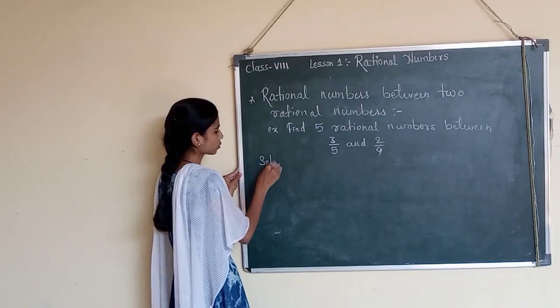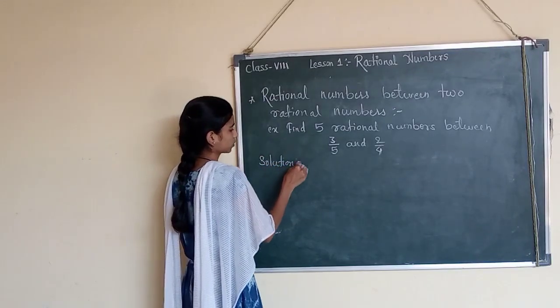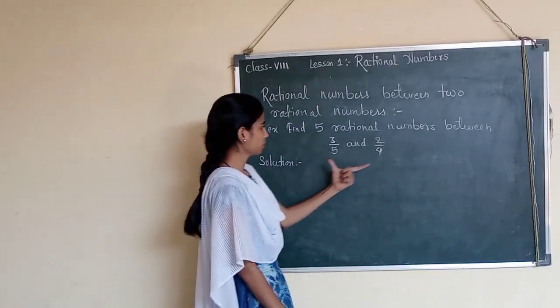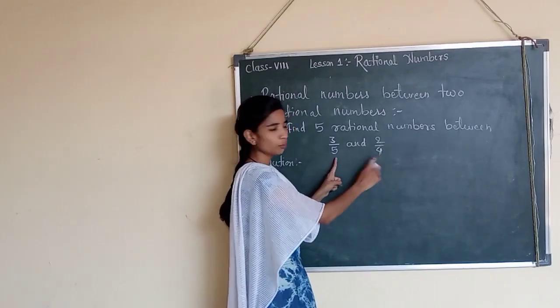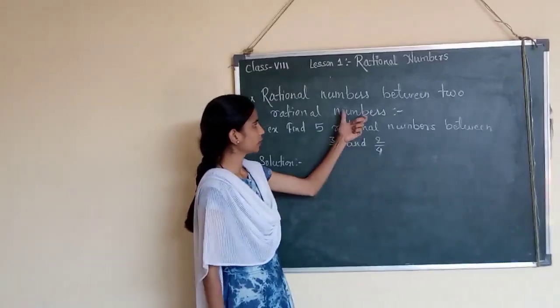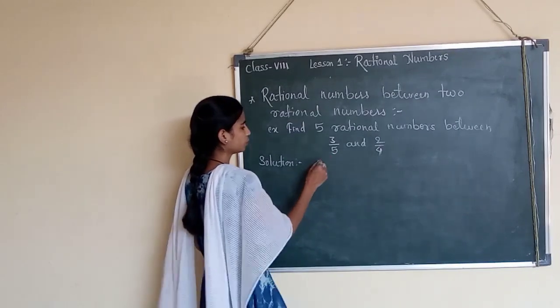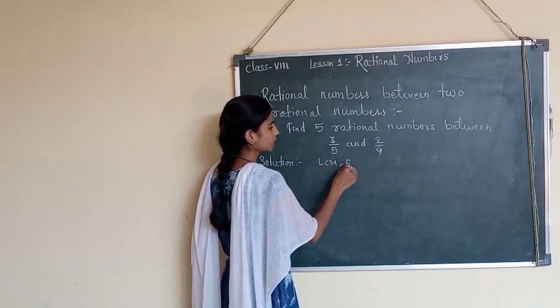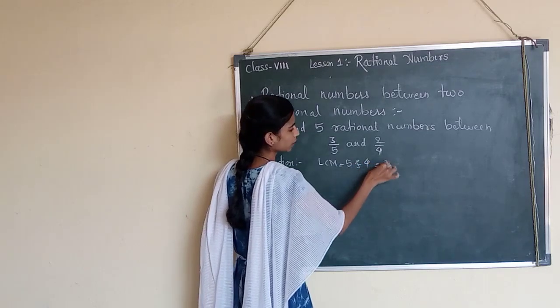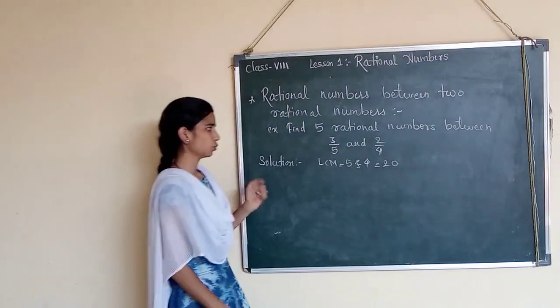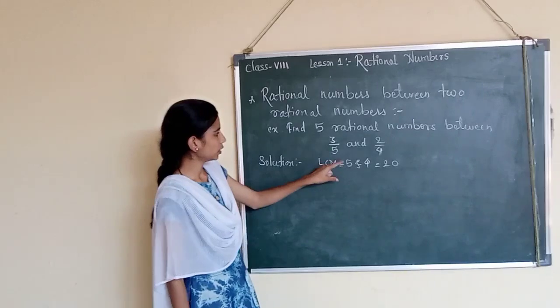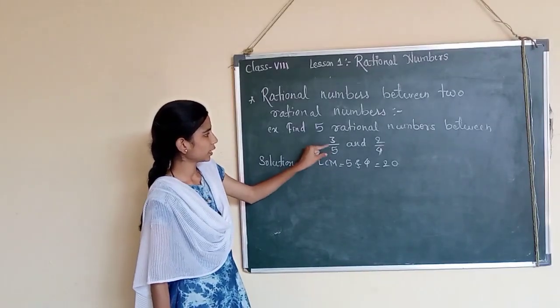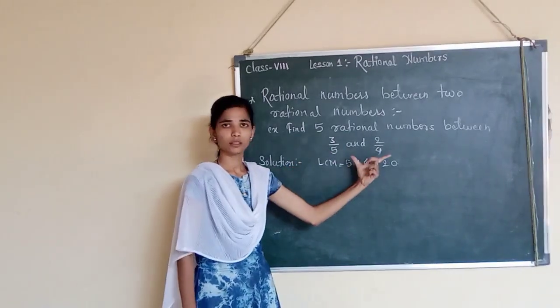When we are finding the solution, what is the first step? The first step is that the denominators must be the same to find the rational numbers. So first we will find the LCM to make the denominator the same. The LCM of 5 and 4 is 20.